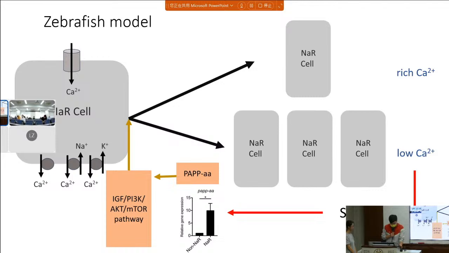To understand this mechanism, the authors focus on STC1A. This protein is related to the regulation of calcium ion reabsorption in the fish, and some mammal studies show STC1 and STC2 can bind PAPP-A and inhibit its functions.